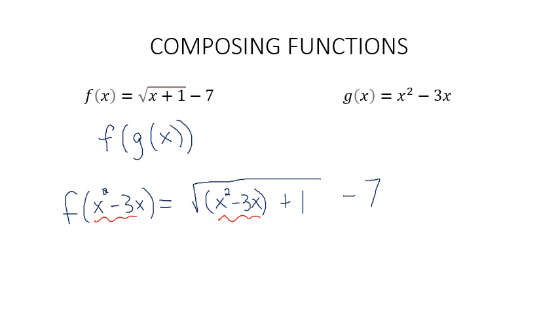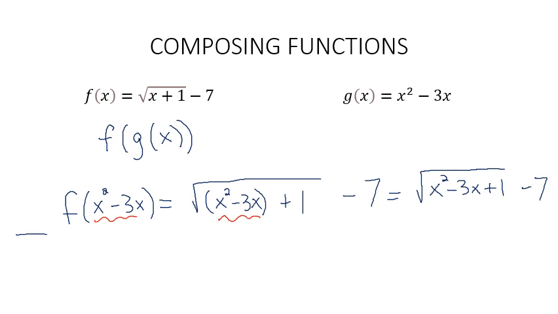It doesn't give us a single value, it gives us an expression. So f of g of x, or f of x squared minus 3x, is equal to, this can be tidied up a tiny bit, we don't need the parentheses anymore, the square root of x squared minus 3x plus 1, minus 7.